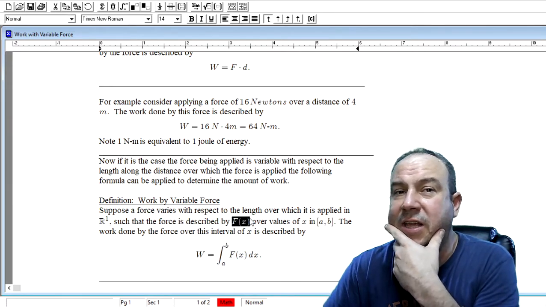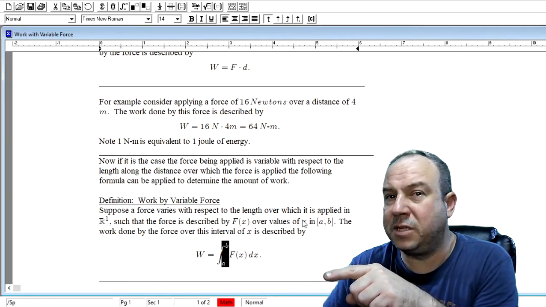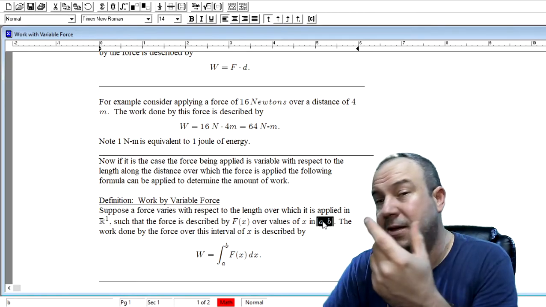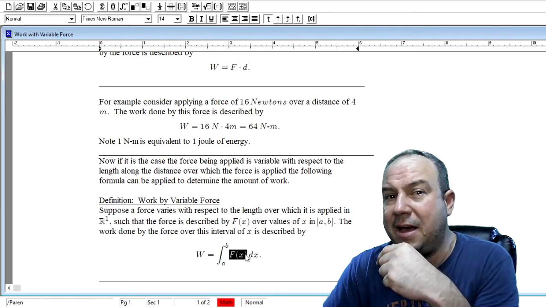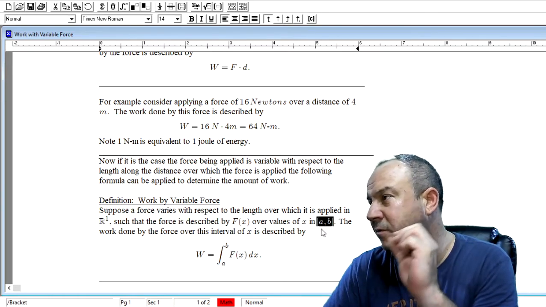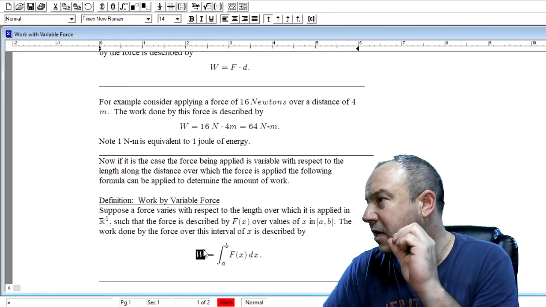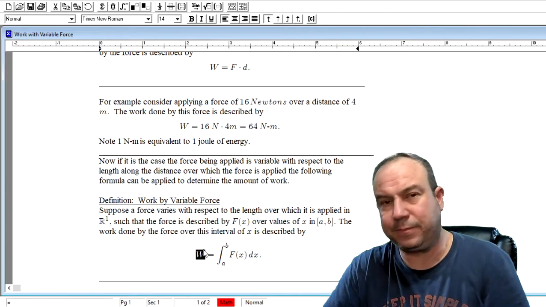We are just going to integrate our force function over all of those measurements of x in the interval from a to b. We're going to add up all the infinite forces happening at every single value of x in this interval, and when we do that, we get our calculation for the work.